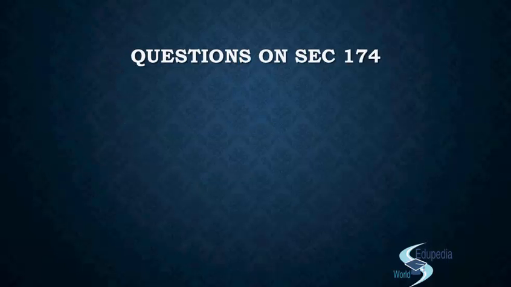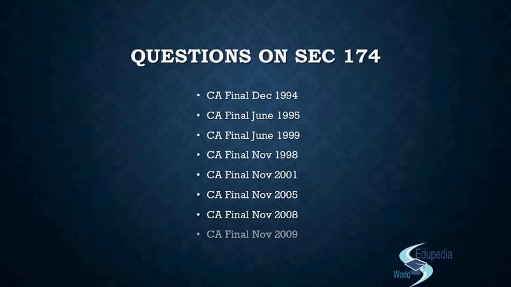So first we'll pick up the questions of section 174. If I show you the list, we have so many questions appearing in your examinations from 1994, 95, 99, 2000, 2005, 8, 9. So very recently you did not have a question. All the questions that you had were before 2009.